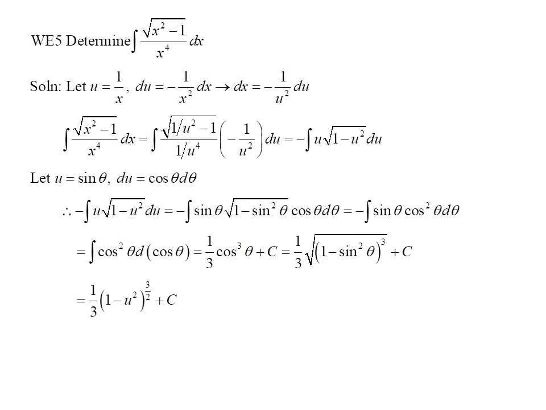After being substituted back to the variable u, it equals 1 over 3 times (1 minus u squared) to the power of 3 over 2 plus c.